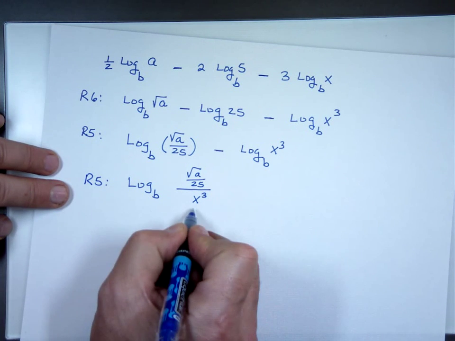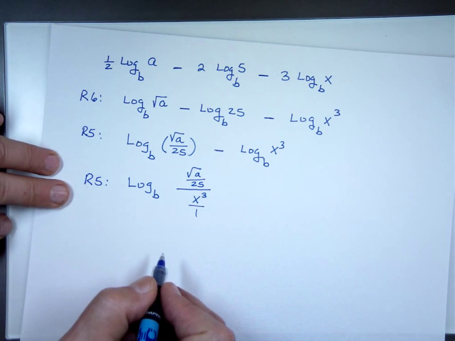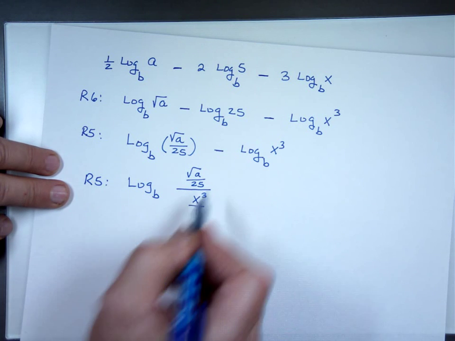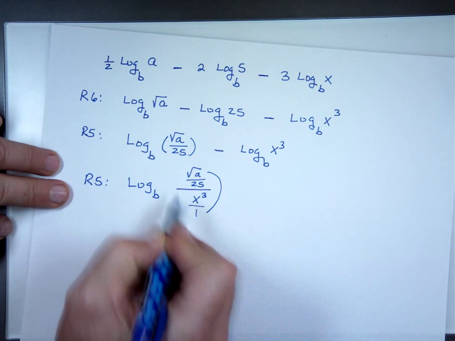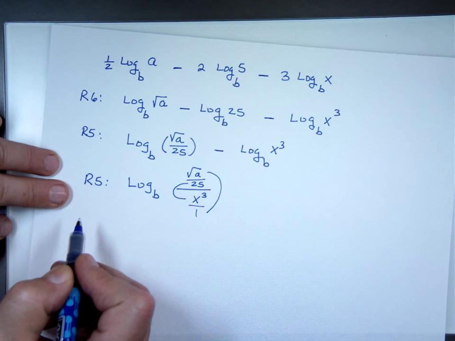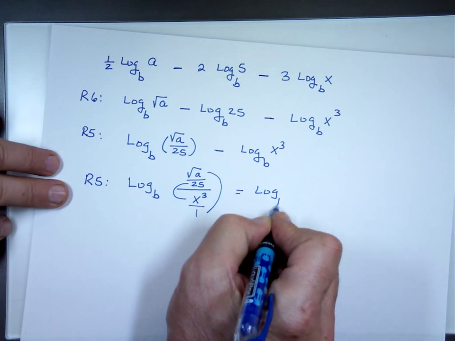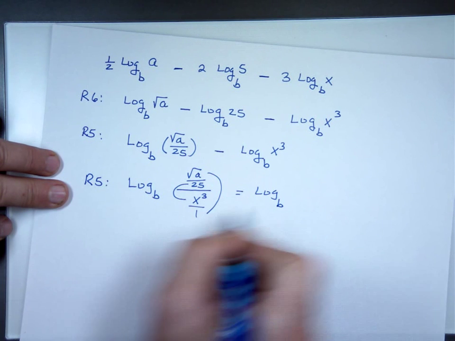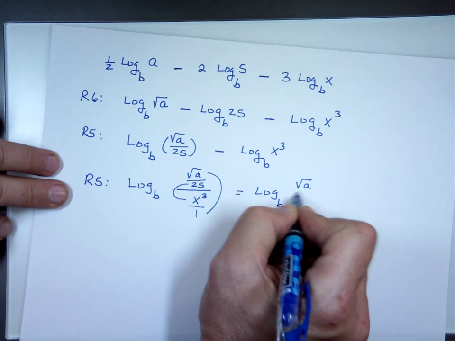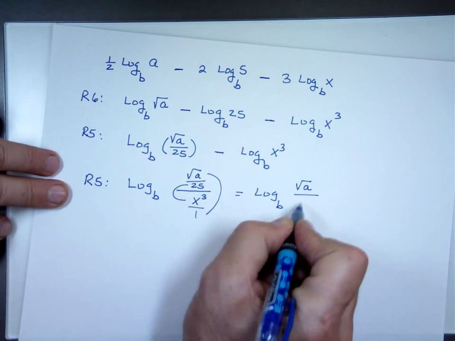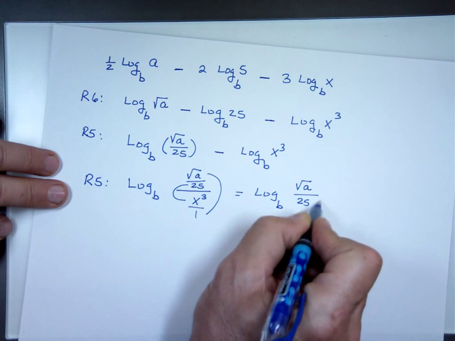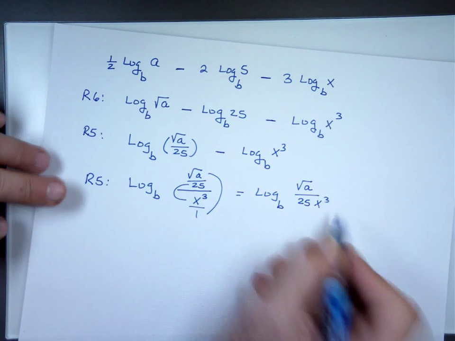The quickest way to simplify a problem like this: the outside times the outside, the inside times the inside. So that would be square root of a times 1, square root of a, 25 times x cubed, 25x to the third. It's always the outside over the inside when you have a complex fraction.